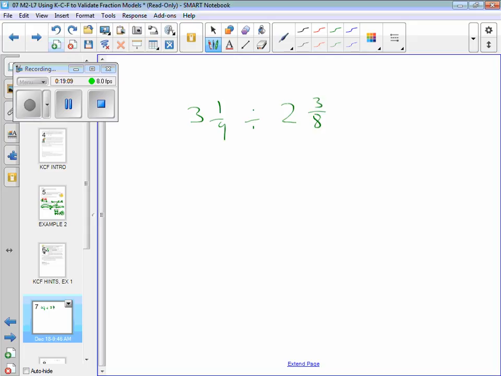I see kids that want to do this. They want to change this into 28/9. And then they want to do keep, change, flip, and change this into a mixed number or an improper fraction all in one step. So they do 16, 19, and they get mixed up.